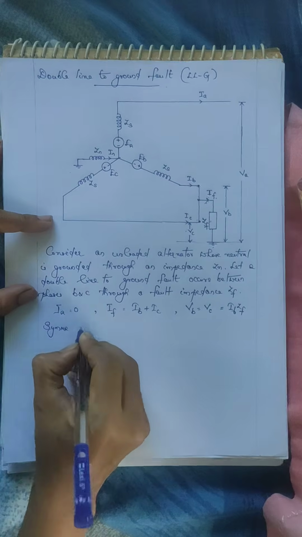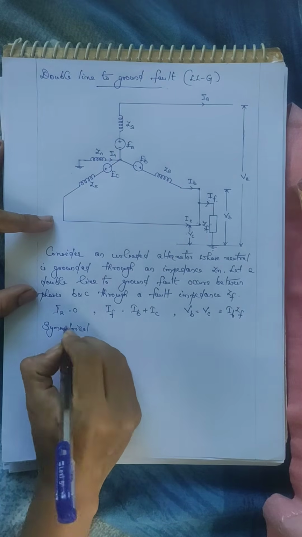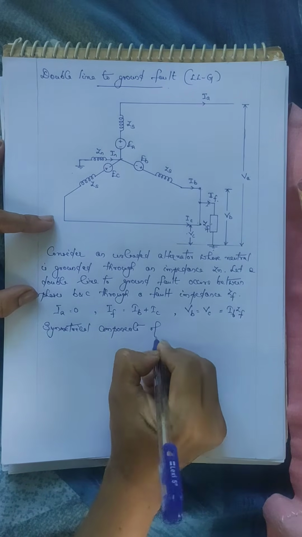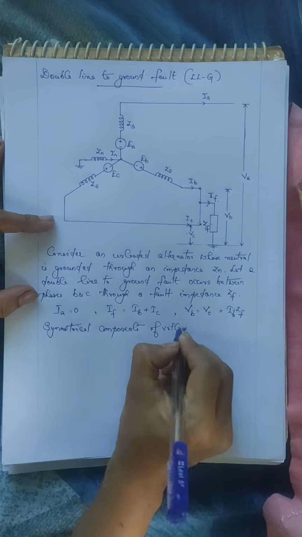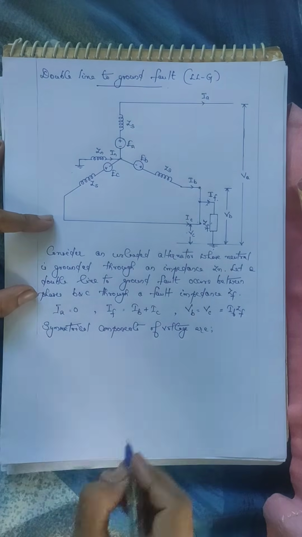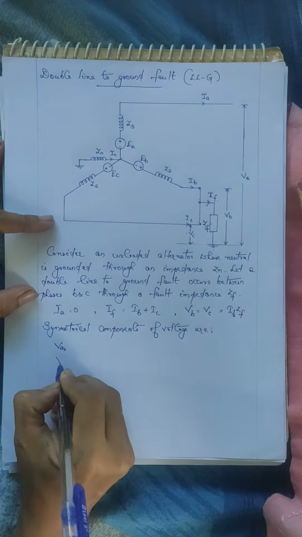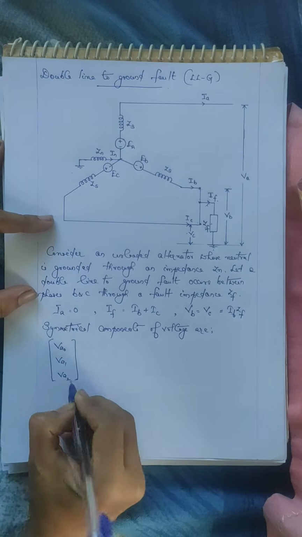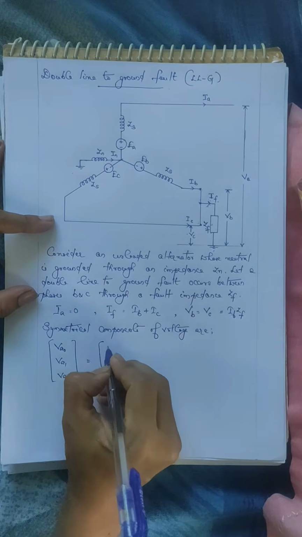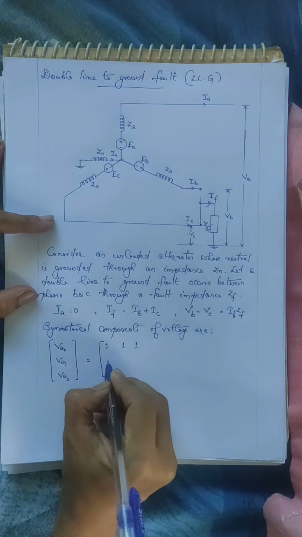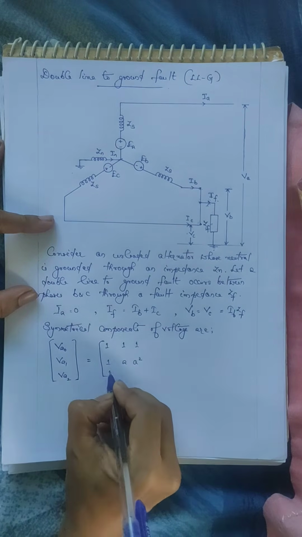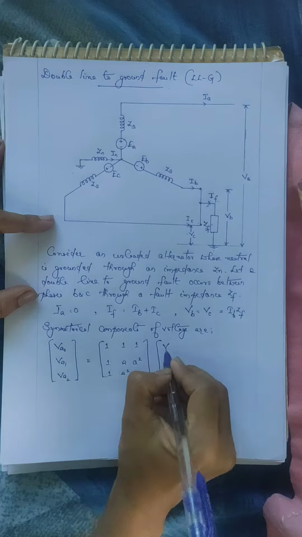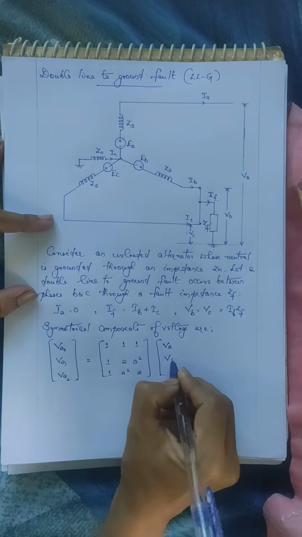The symmetrical components of voltage VA0, VA1 and VA2 can be obtained from the matrix equation: 1 1 1, 1 A square... 1 A A square, into VA, VB and VC.